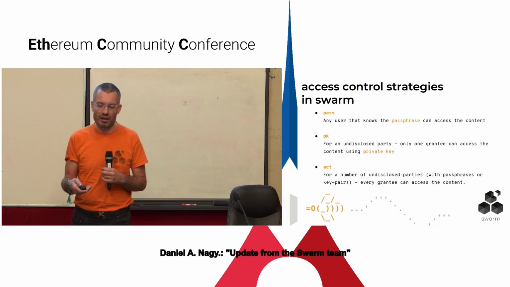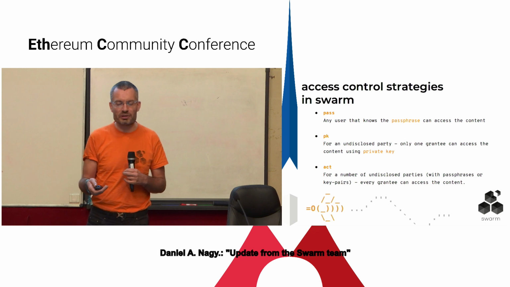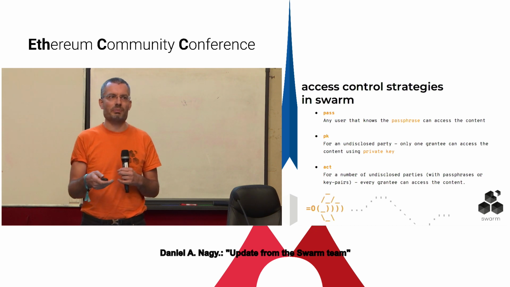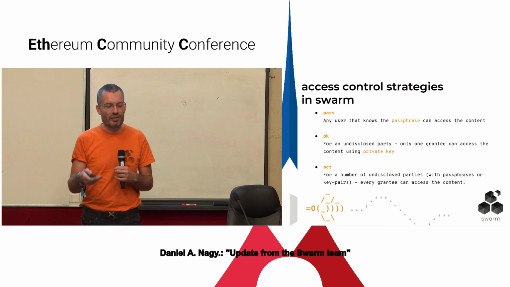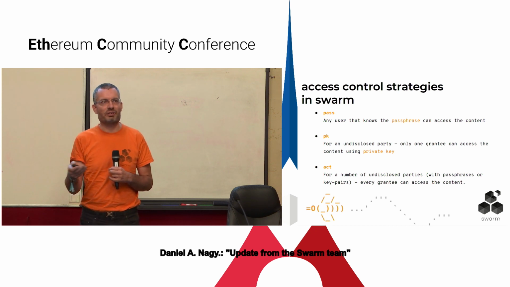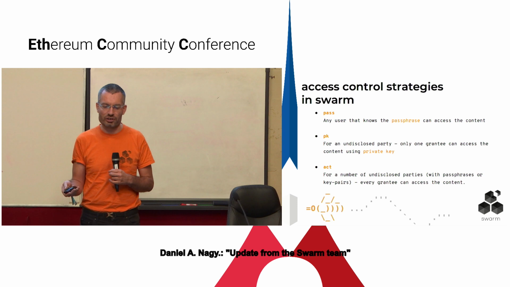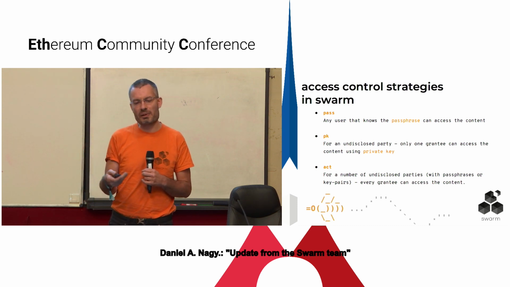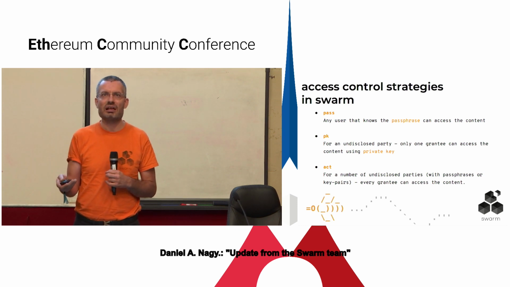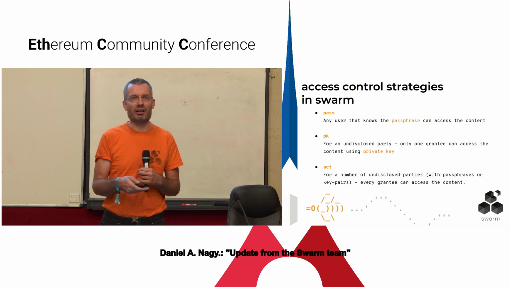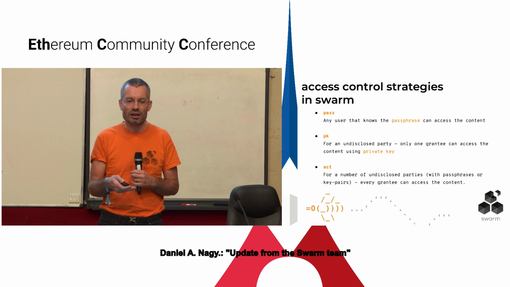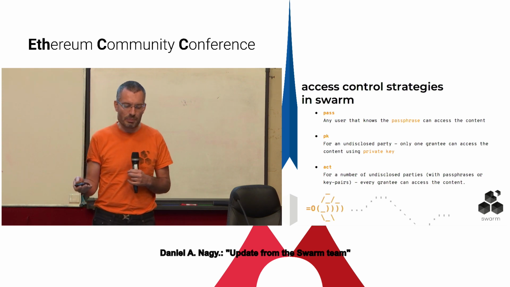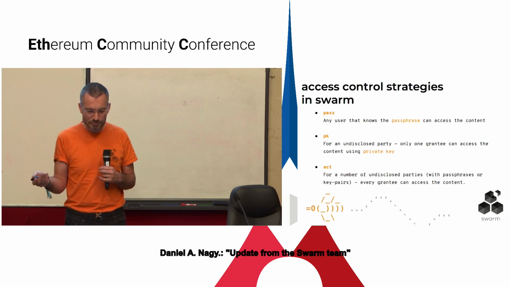And in order to overcome that limitation, because it's a fairly severe limitation, the next level of sophistication is public keys. So you can encrypt certain swarm content to a particular public key, and the owner of the corresponding private key will be able to decrypt it. Now, this is better in the sense that even if you know the public key, you don't know the private key, so you cannot access whatever has been made available to the same public key by other publishers.